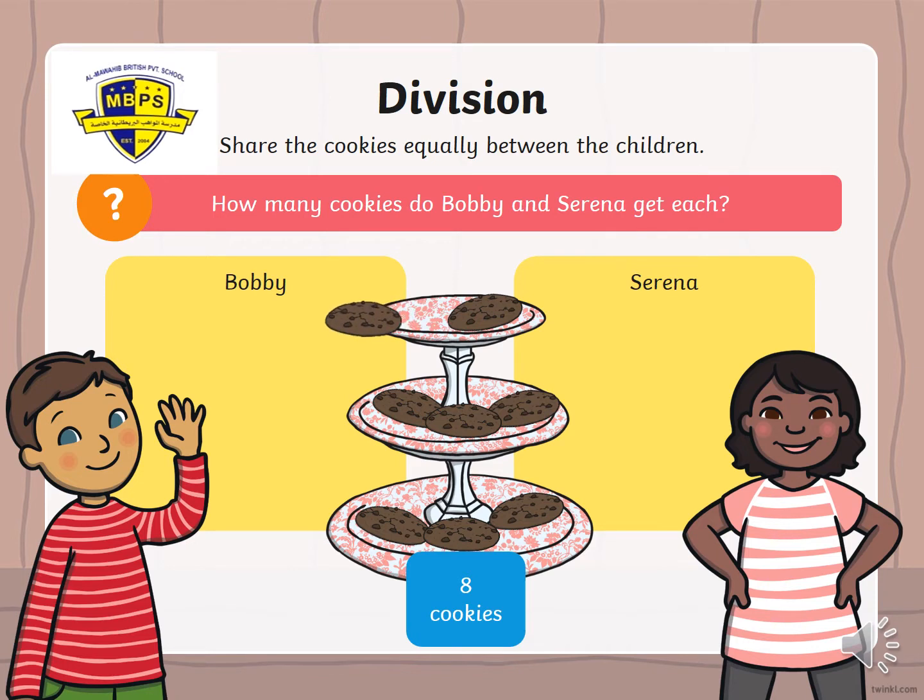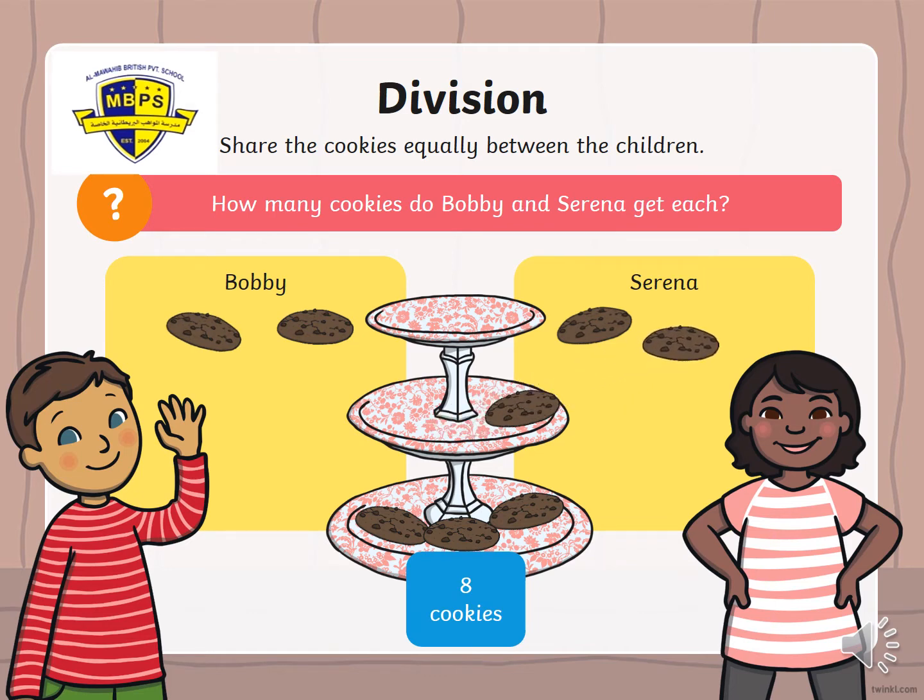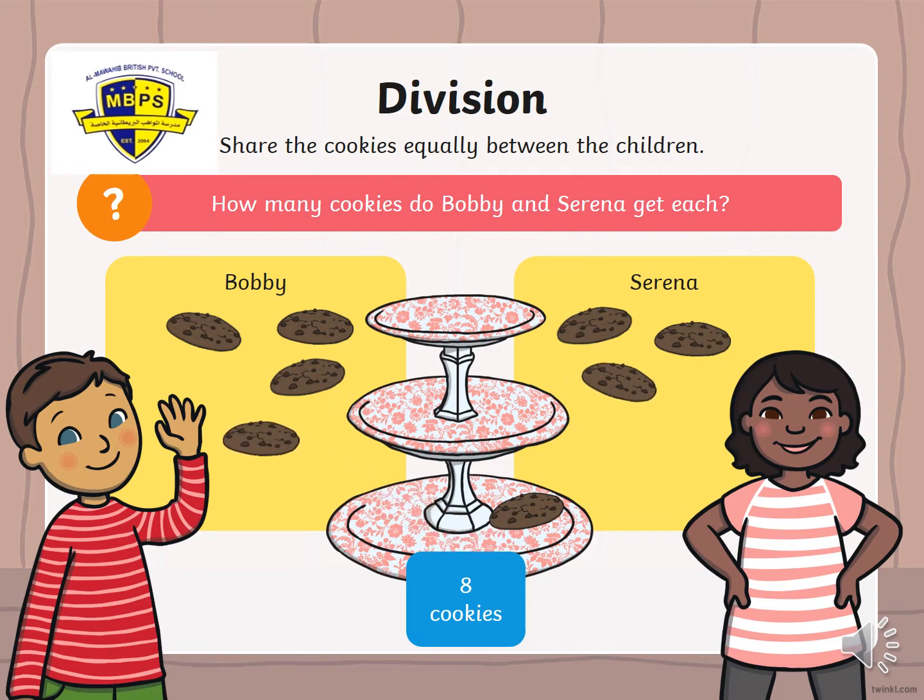Yes, we start to give one by one. Now I finished sharing the 8 cookies equally between the boy and the girl. Could you tell me how many I give for each one? Very good. I give 4 for each one.